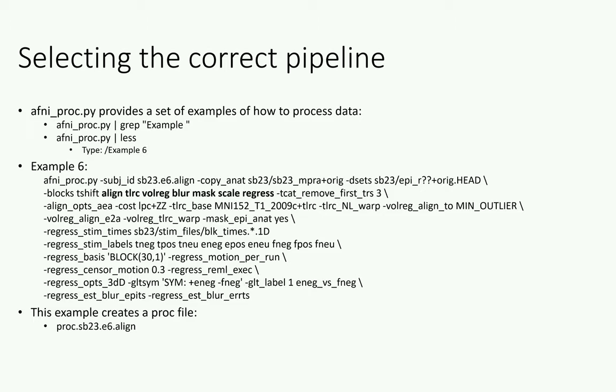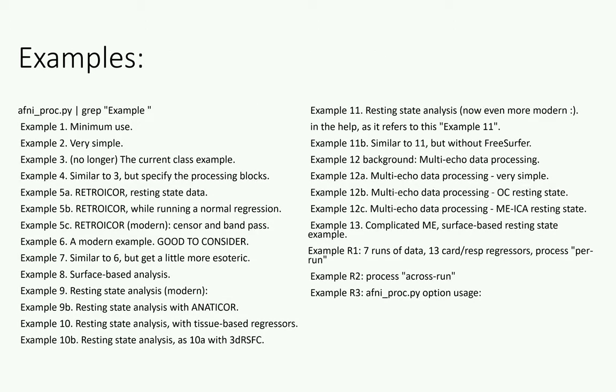So what we have here is an example of a task-based use of AFNI ProcPy. This is example number 6. There are a number of examples you can use, and if you just grep that file, you can see a nice long list of different examples and how and why you'd like to go about them.